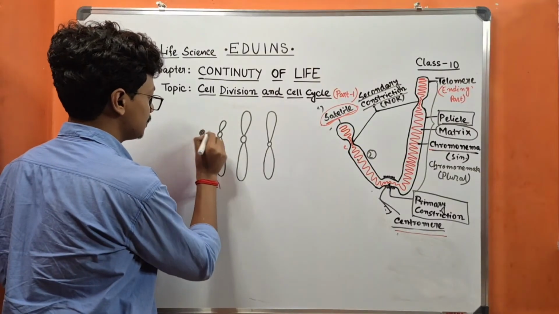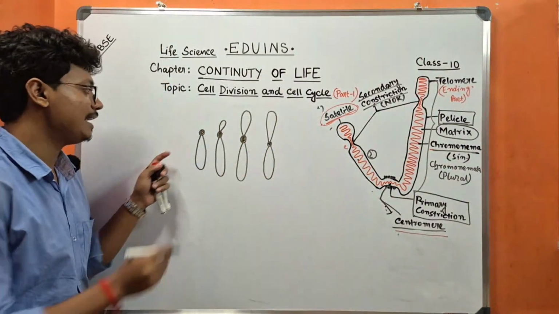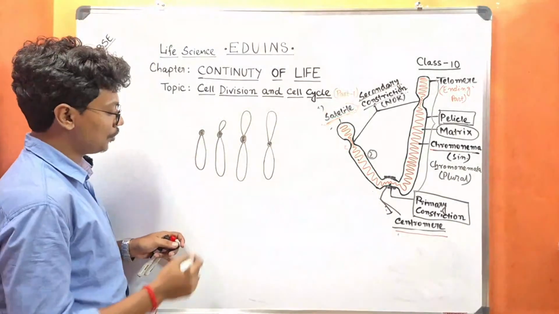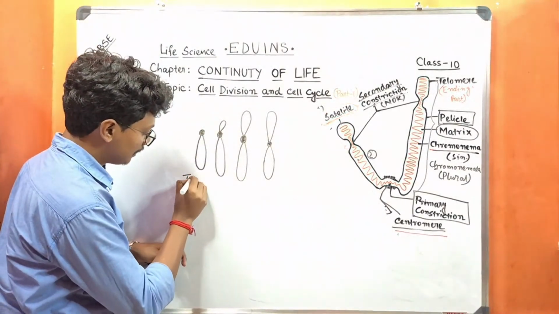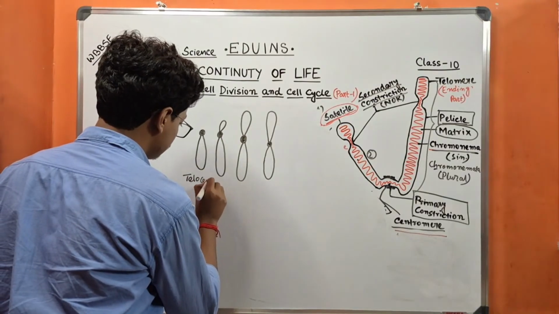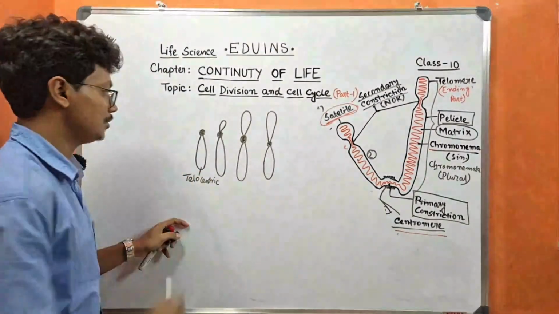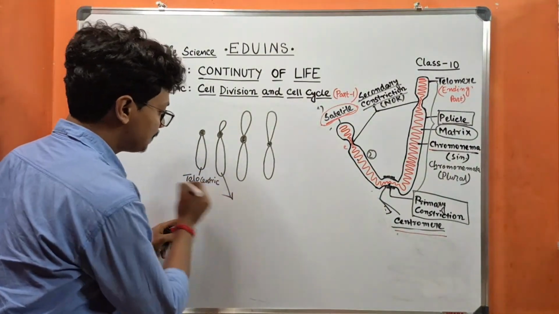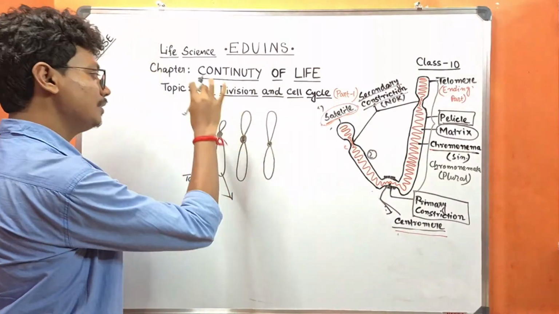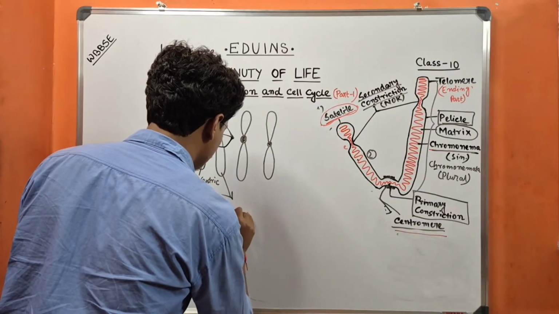This is the centromere. When the centromere is present at the end of the chromosome, this is known as telocentric chromosome. When it is present just below or near the end, this is known as acrocentric chromosome.